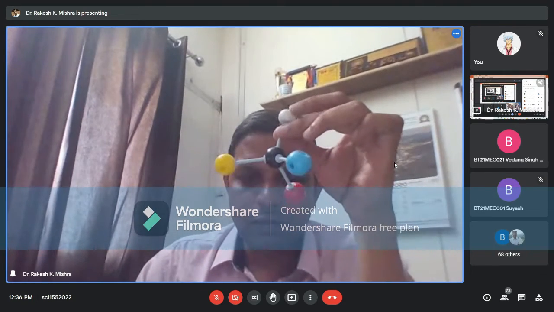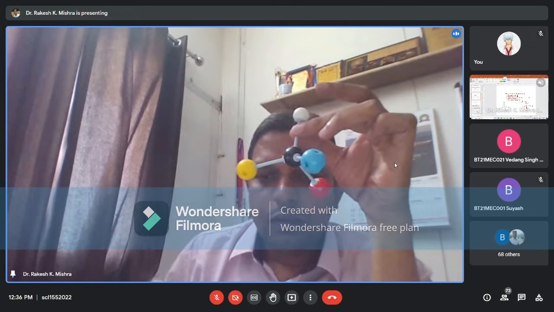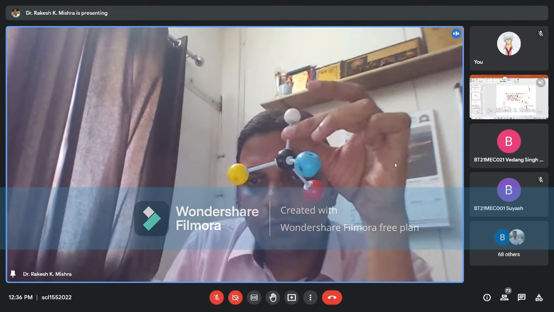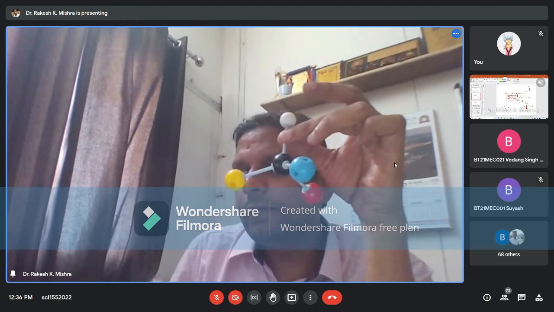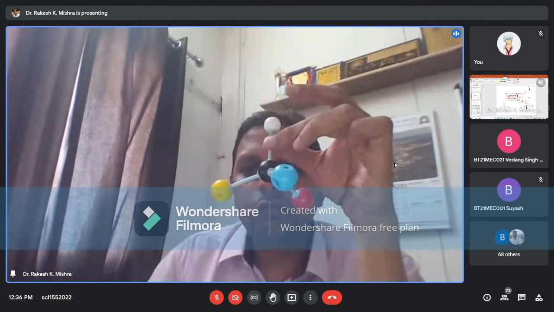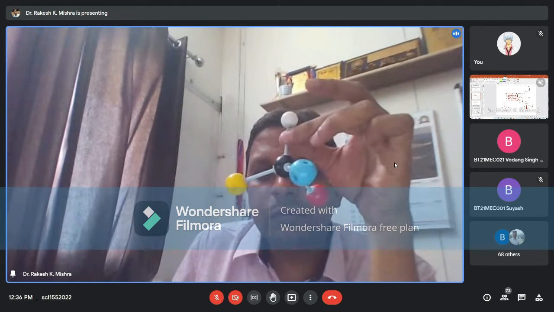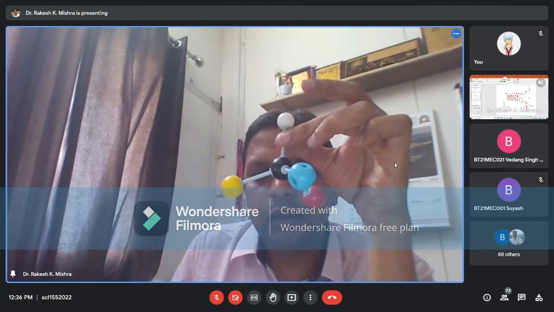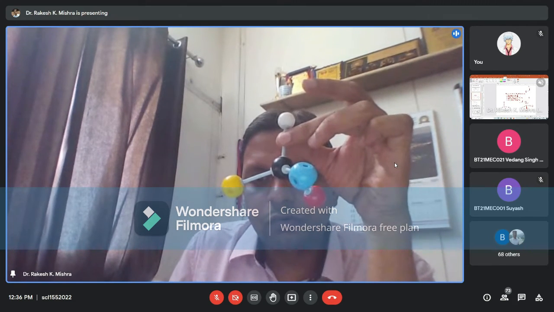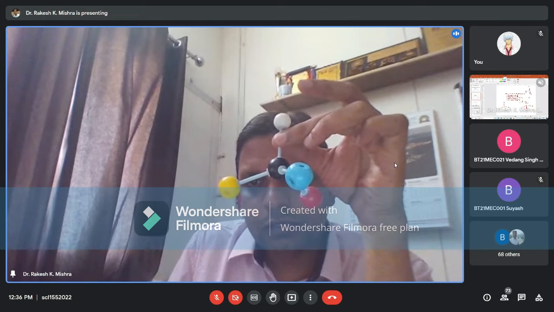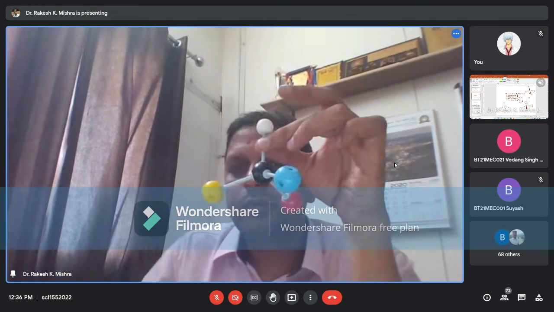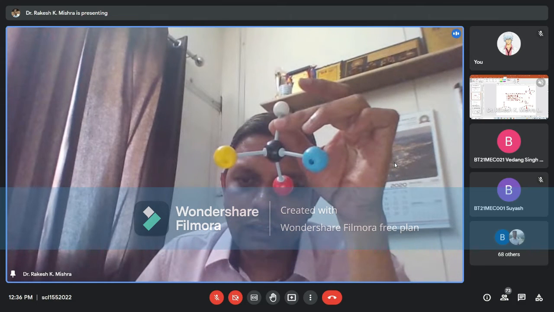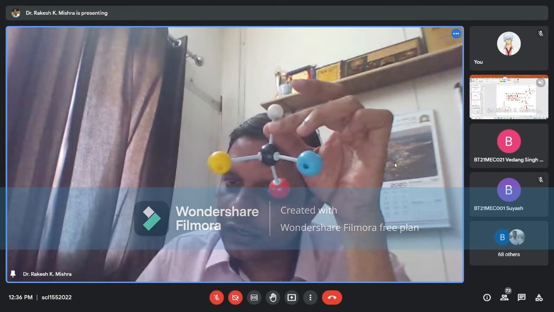So the back will come in the plane, means 1 and 4 will be in the plane. What was the front will go to the back. What was in the plane will come to the front. So 2 will come to the front and 3 will go to the back. So the same compound you are representing in this way also.